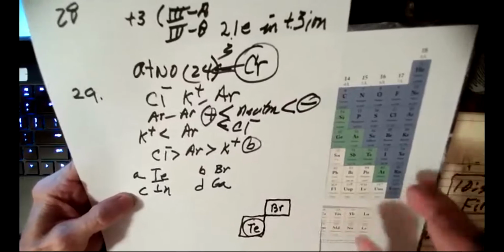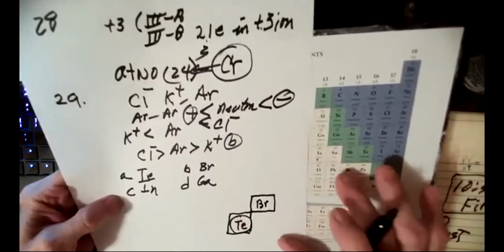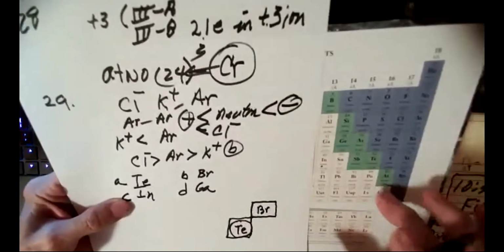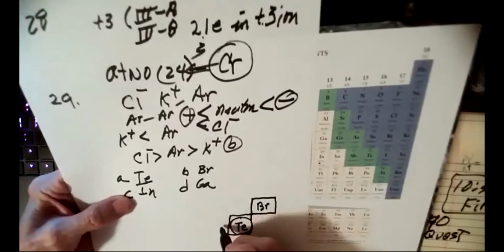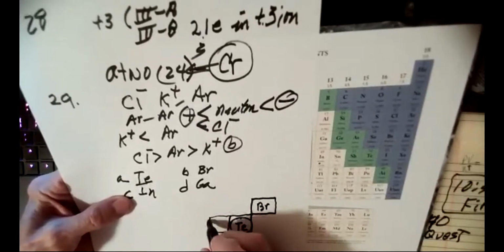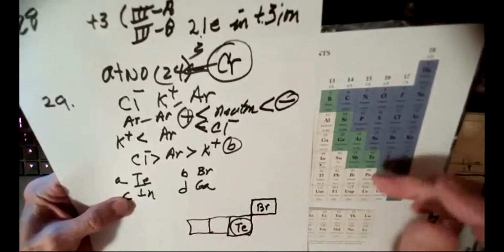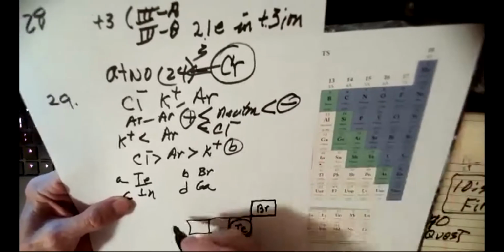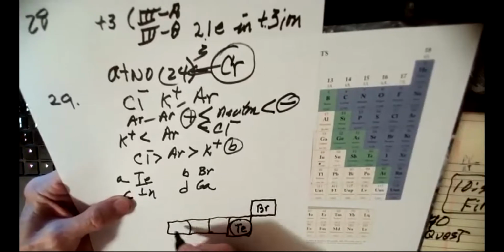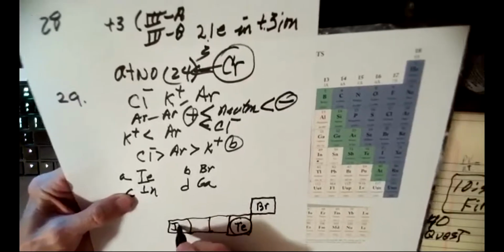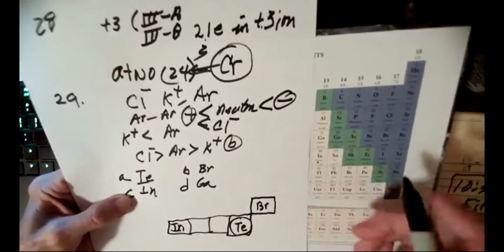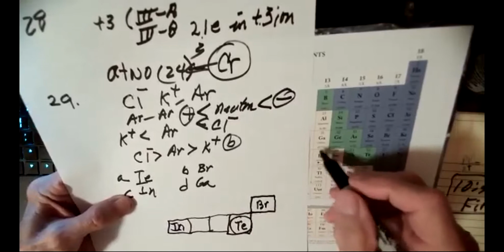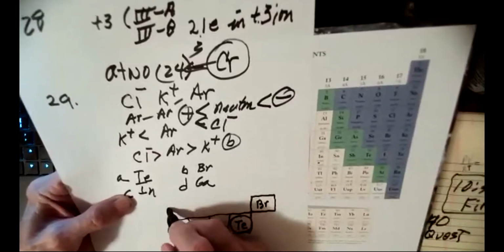And indium is right there. So relative to Te, it's 3 elements over, and it's the next one. So indium is right there. And the element is gallium. Gallium is in the same family with indium, so it's right here.